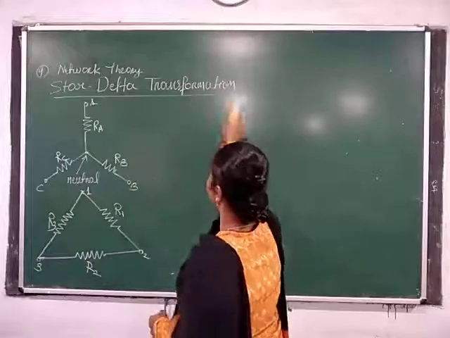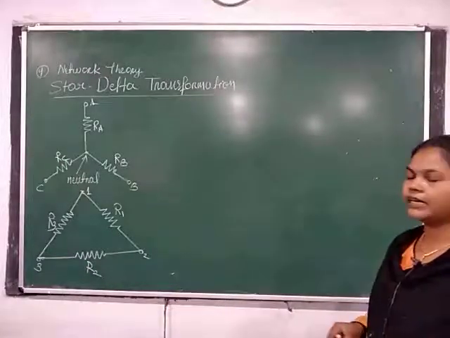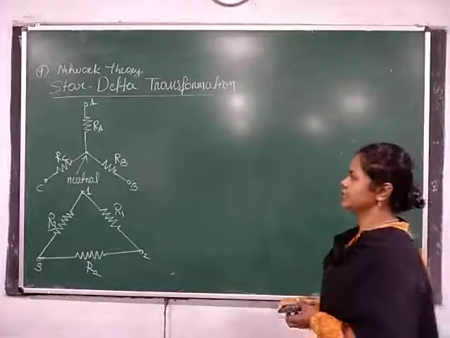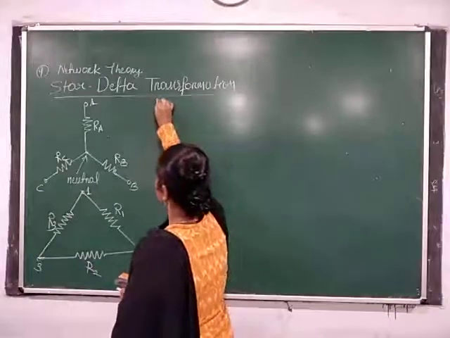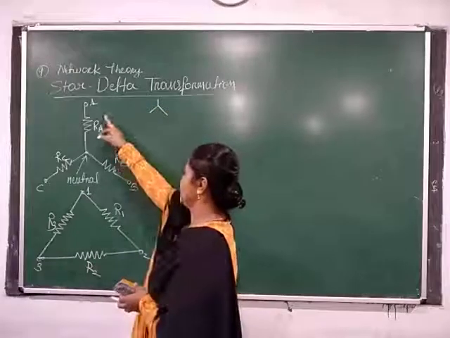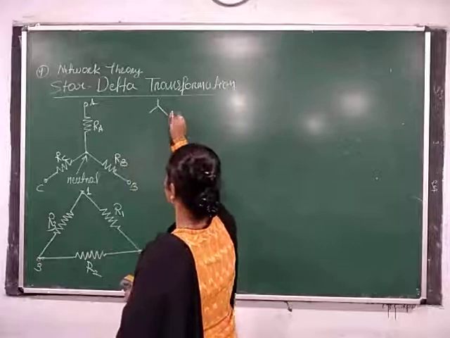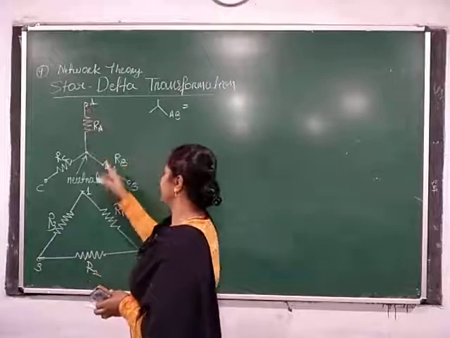First we find the equivalent resistance between any two terminals in star connection. First we find the equivalent resistance between A and B in star connection.